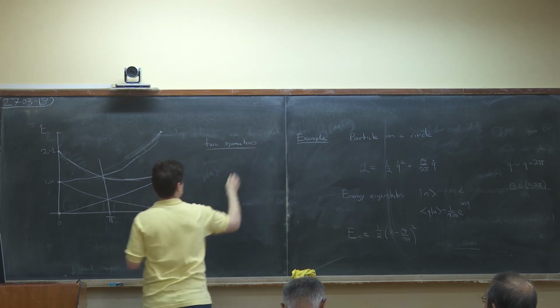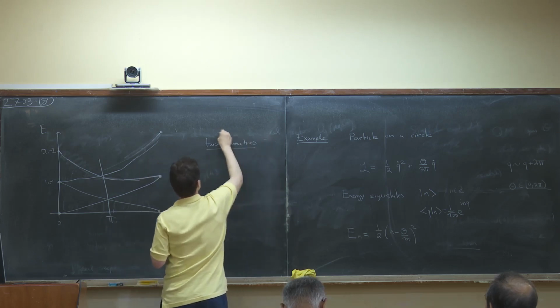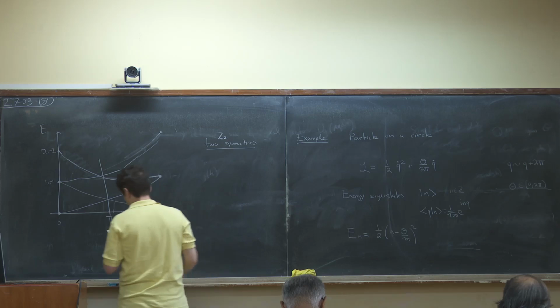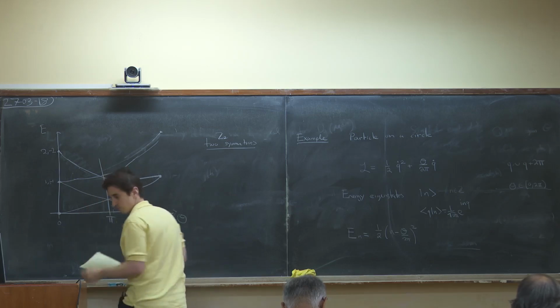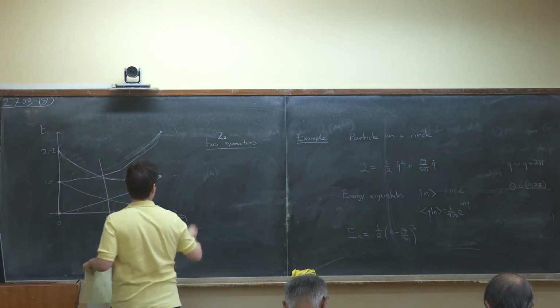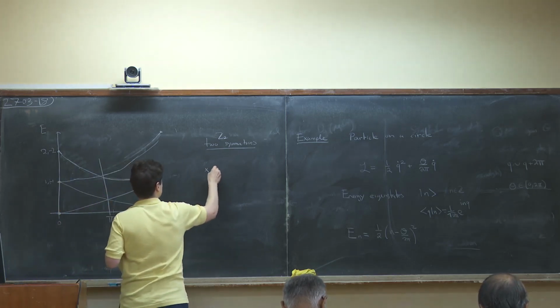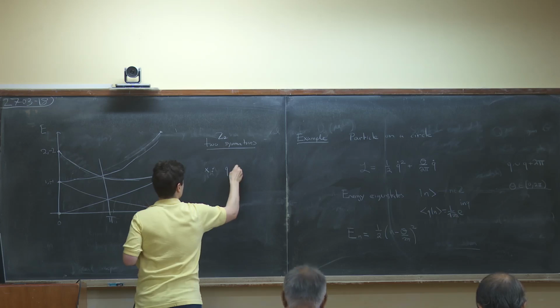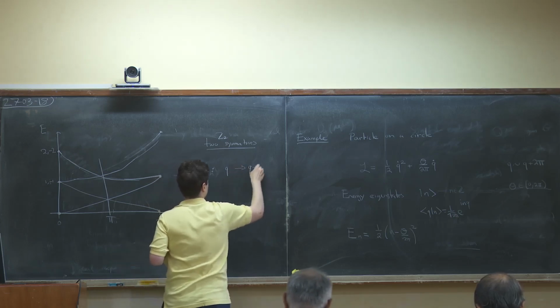Two Z2 symmetries. Okay, so one of them, let's call it X. This sends Q to Q plus pi.